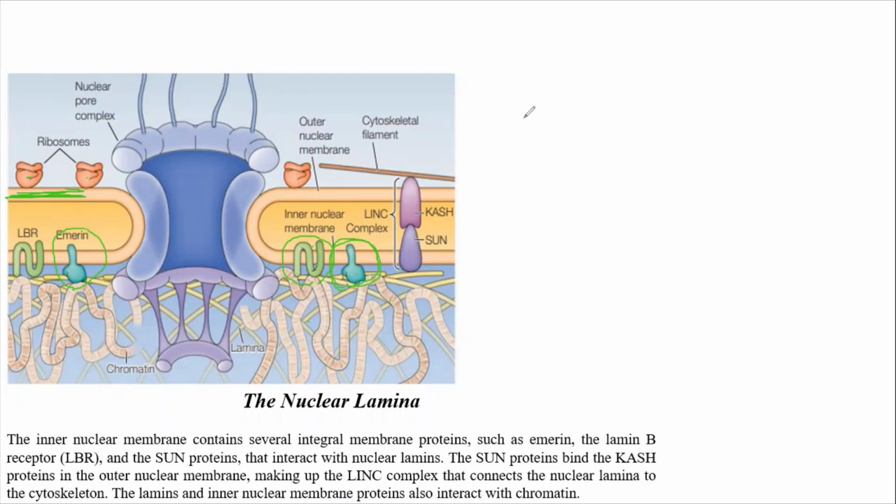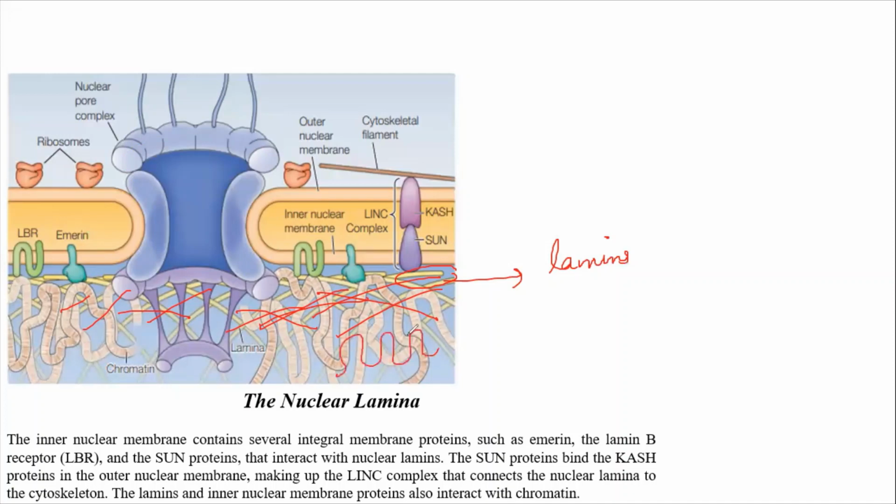Can you see the lamins at the back? This kind of zigzag, like this, like this, this particular thing. Those are your lamin proteins. And your emerin is making connections with the chromatin. This is the chromatin which later breaks its connection with this and becomes the chromosomes.